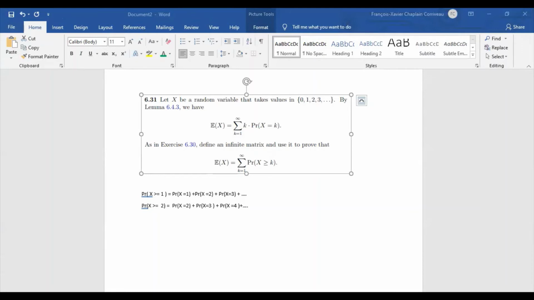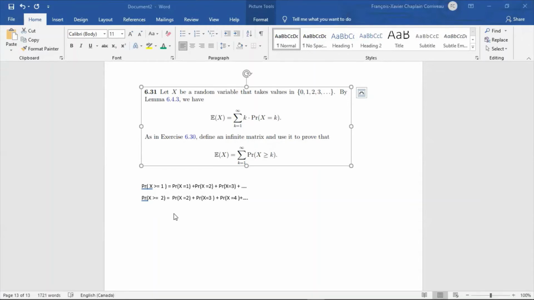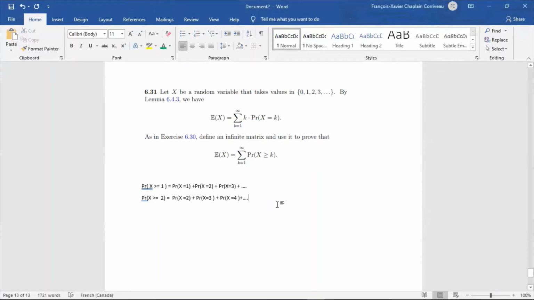It's you just say, well, the number of times, so you can say, in general, the probability that x is greater or equal to... how could I write this nicely?